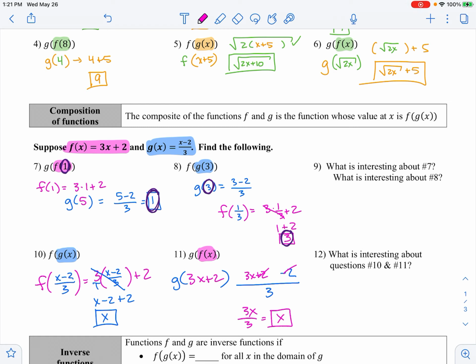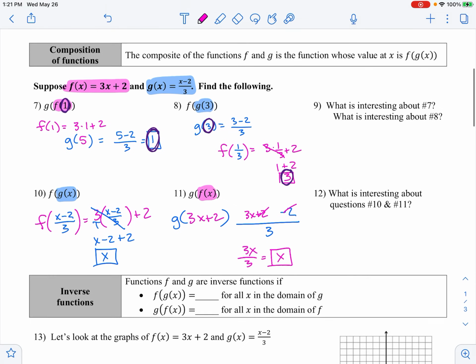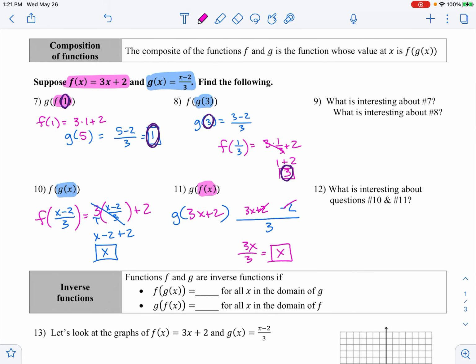So both of these questions, what did I get? I got x in the end. I plugged in x. I did g to it. I took my answer, I plugged that answer into f. And I got my original x back. Likewise for number 11. This is the definition of an inverse function.